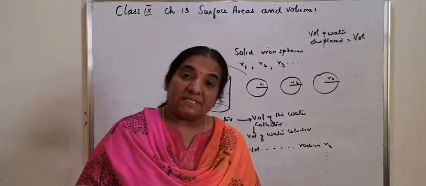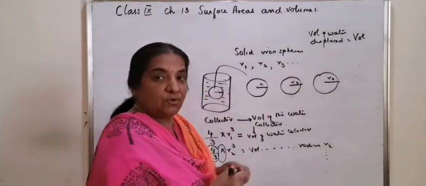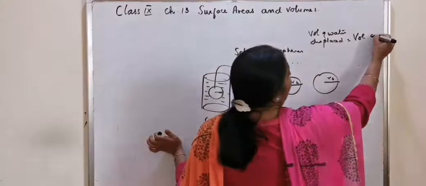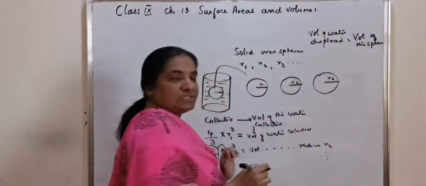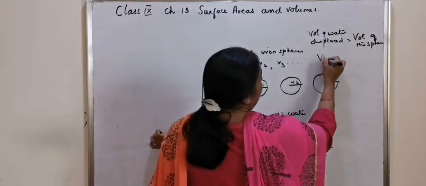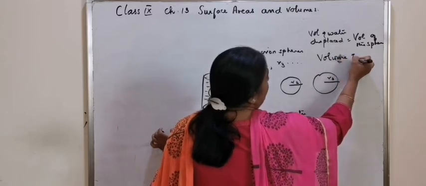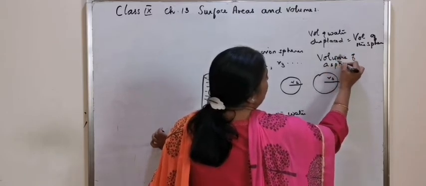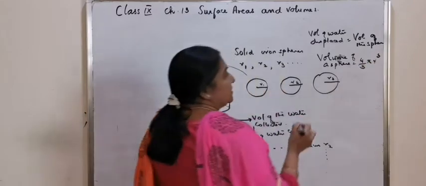The concept is volume of water displaced is equal to volume of the sphere, which shows that the volume of a sphere is equal to 4 by 3 pi r cubed.